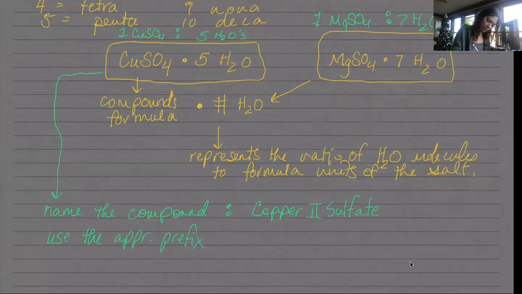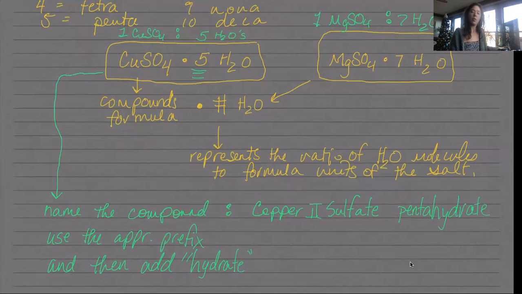And because we have 5, our appropriate prefix is penta. And then add the word hydrate. Okay? So we have copper(II) sulfate pentahydrate. And yeah, that tends to come in one word. Okay? There you go.